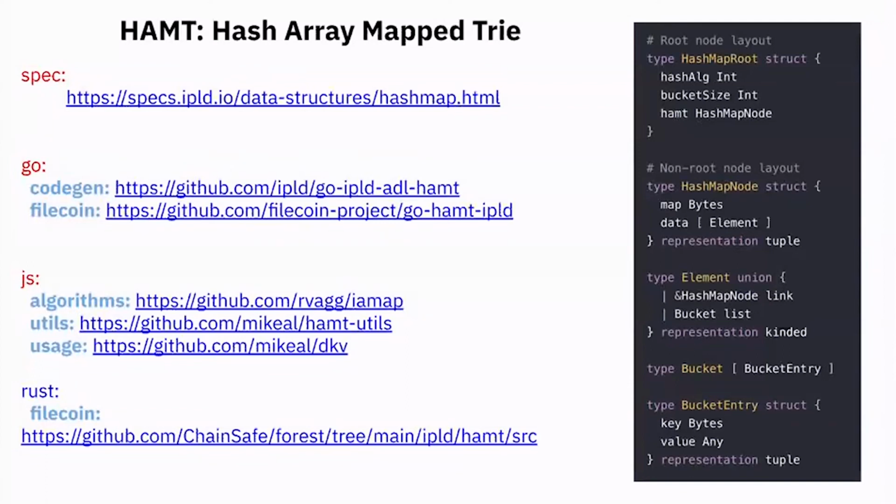Like I said, in IPLD, we have a very detailed spec on the HAMT. We have an implementation that uses our new Go IPLD Prime code gen, which uses this IPLD schema language that you see on the right, to get up and running. And you can also look at the HAMT that we use in Filecoin.